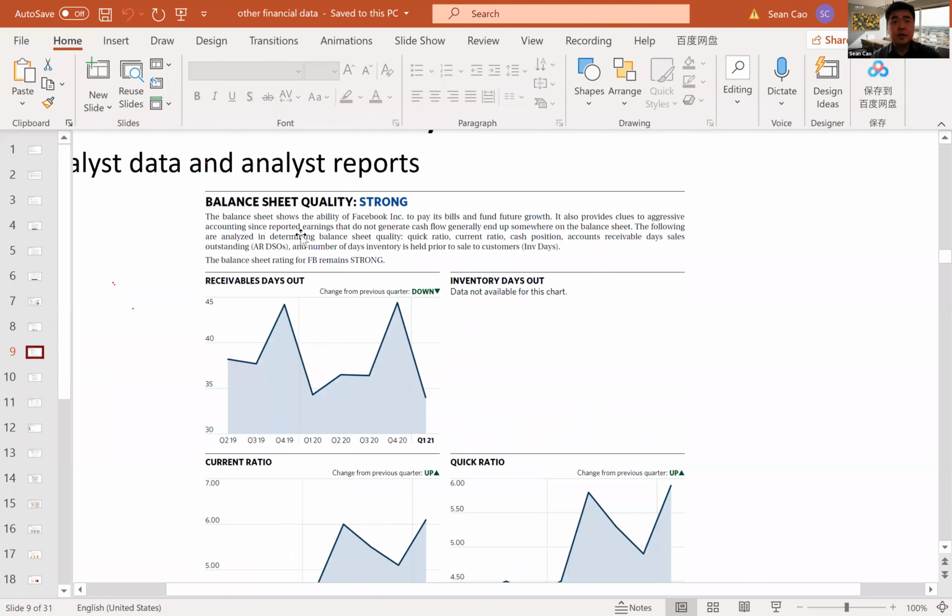You can also see they said the balance sheet is strong. So what they look at is the receivable days outstanding, the current ratio, and the quick ratio. Basically they look at the liquidity of the assets, how long it takes to get cash back, to identify the balance sheet. And we talk about different ways, right?